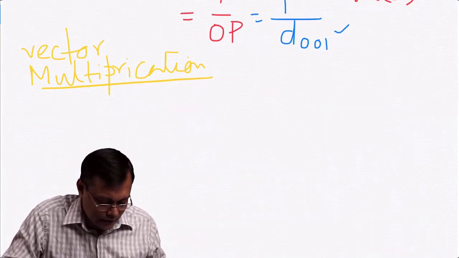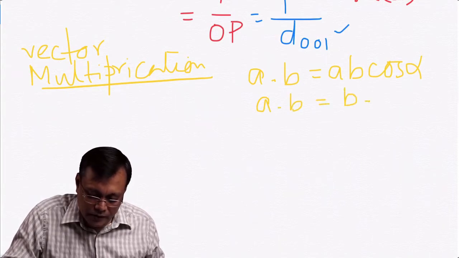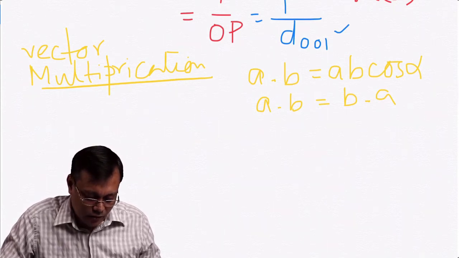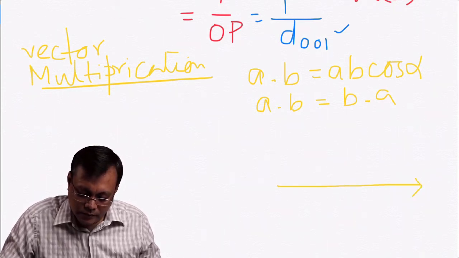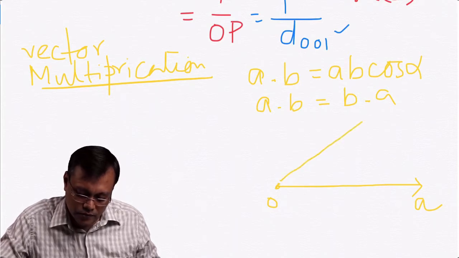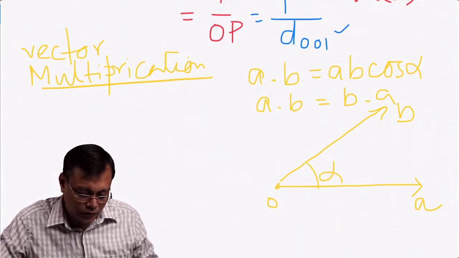Here we have learned that A dot B is equal to AB cos alpha, and A dot B is equal to B dot A. The schematic representation of this can be understood with this A vector, and here let's assume this is the origin, this is the B vector, and this is the angle alpha between them.